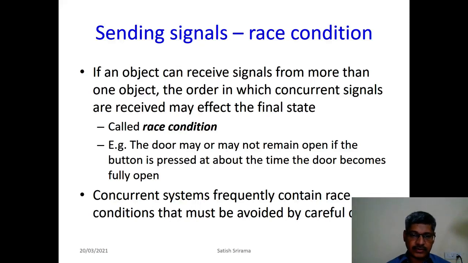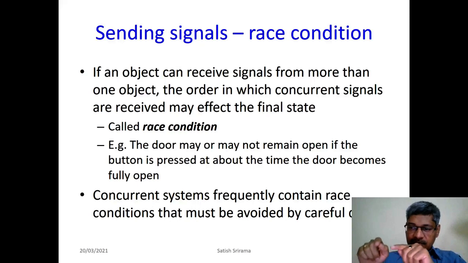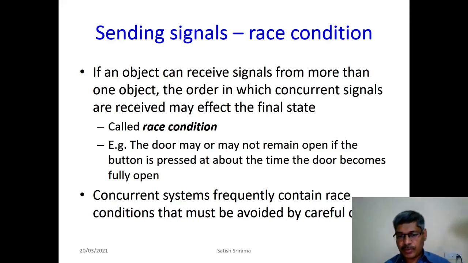Think about this example. The door may or may not remain open if the button is pressed at about the time the door becomes fully open. If the door is fully open and at that time the signal comes, then the door should start closing. But if it is a few seconds before the door is fully open, even if you press it, it will keep on opening and remain open.